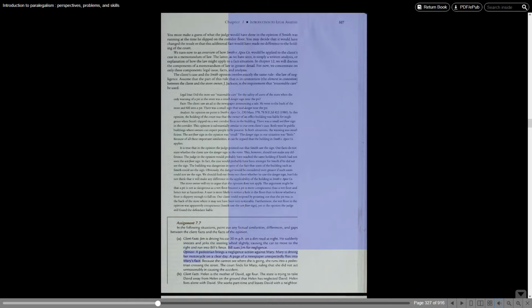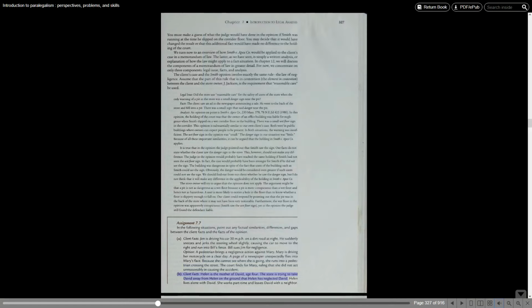Bill sues him for negligence. Opinion: A pedestrian brings a negligence action against Mary. Mary is driving her motorcycle on a clear day. A page of a newspaper unexpectedly flies into Mary's face. Because she cannot see where she is going, she runs into a pedestrian crossing the street. The court finds for Mary, ruling that she did not act unreasonably in causing the accident.